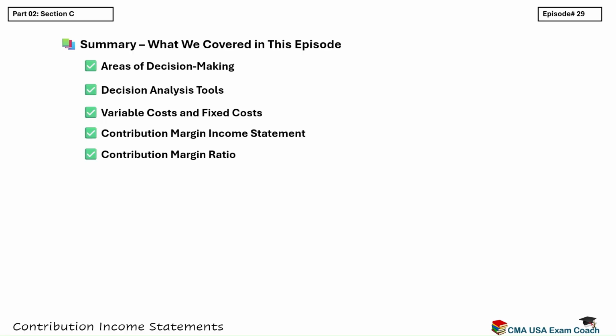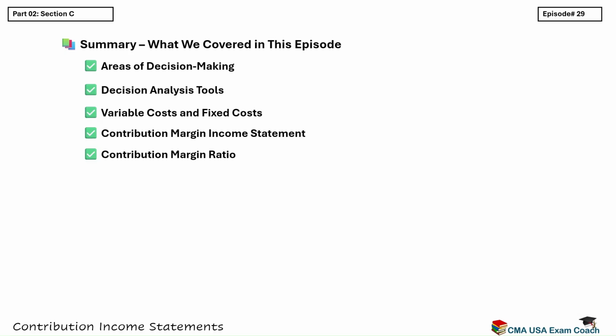Third, variable costs and fixed costs. We explained the difference between variable costs, which change with production volume, and fixed costs, which remain constant regardless of output, and why this distinction is important in managerial decision-making. Fourth, contribution margin income statement.